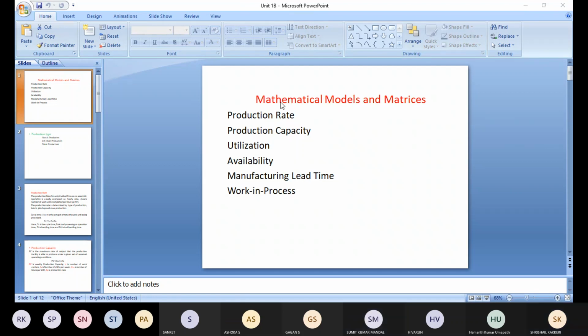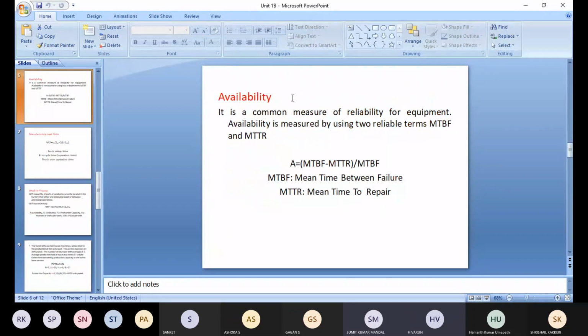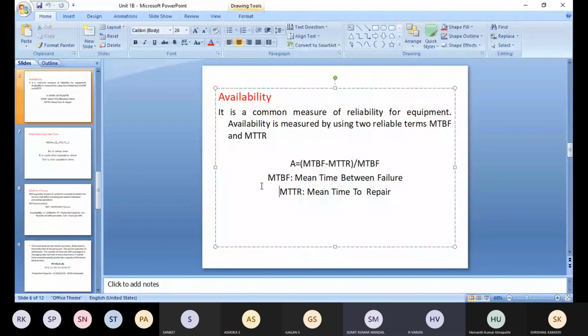Excuse me, sir, actually the PPT is showing the mathematical model and matrices, sir. Just slide it to the first page, slide number 7. Slide it down, sir, and click on page number 7. Then it will show. I think now we can visualize.